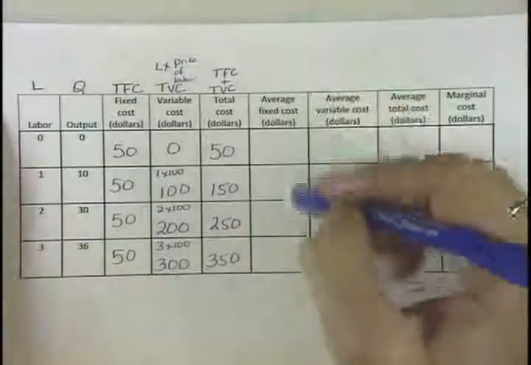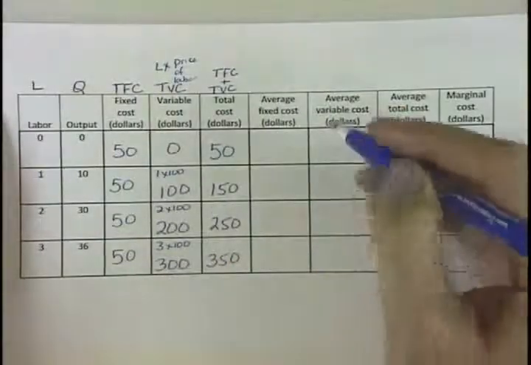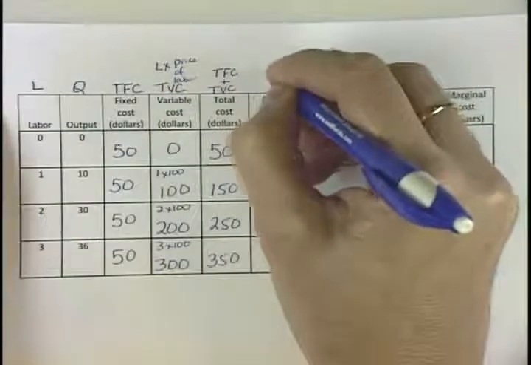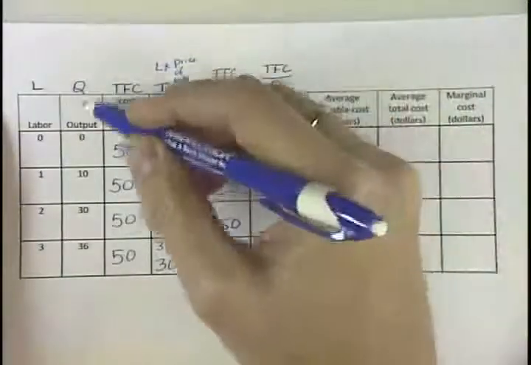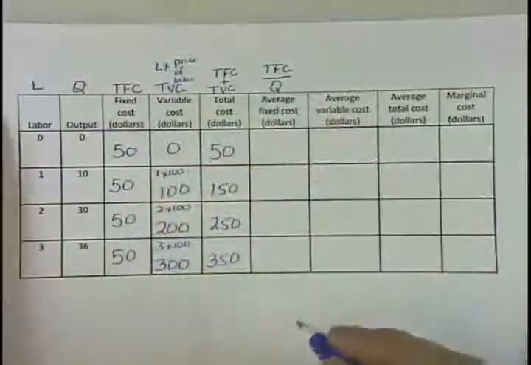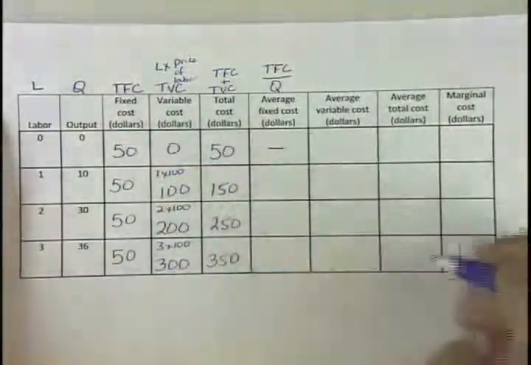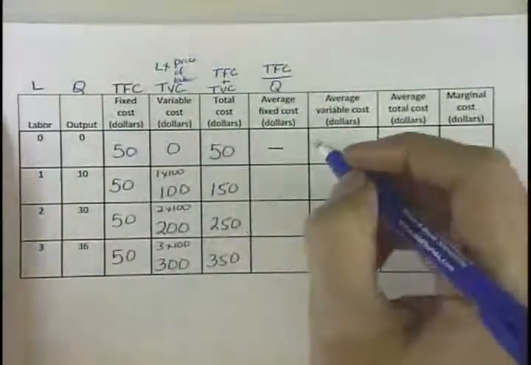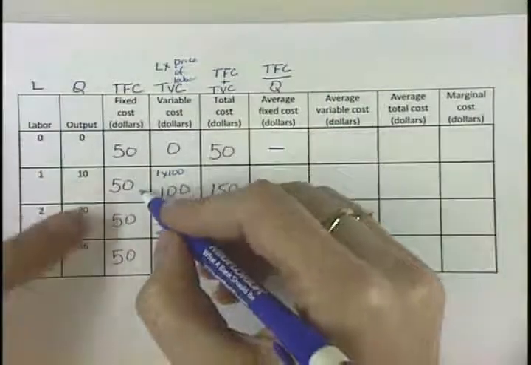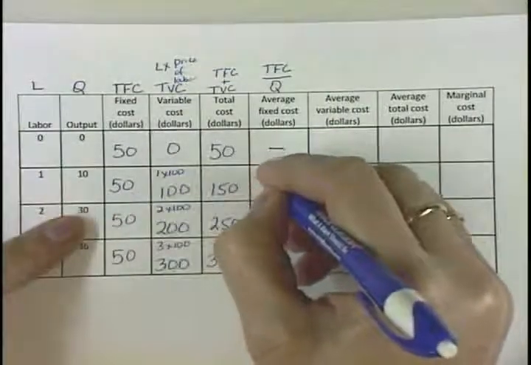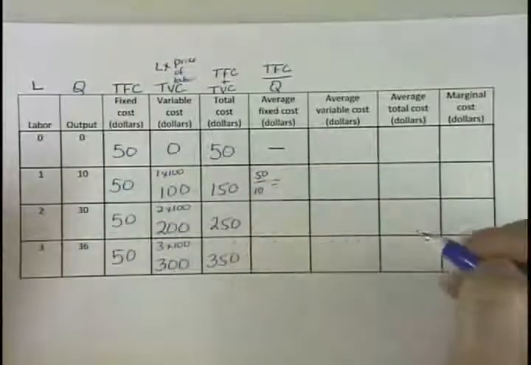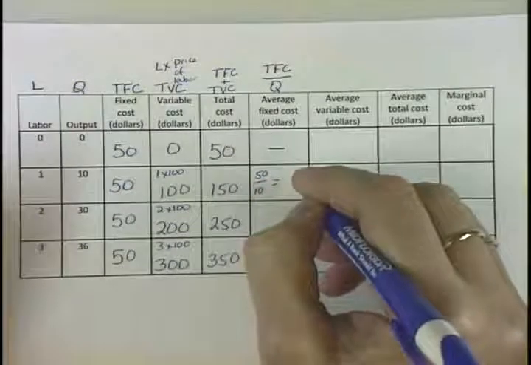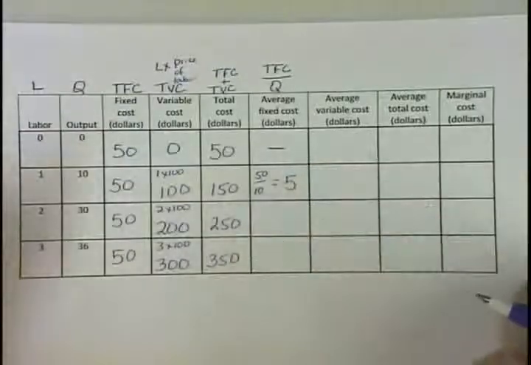For this column, average fixed cost, we're going to take our total fixed cost and divide it by our Q value, this column. We can't do one here because we can't divide by 0. So we take total fixed cost, which is 50. We're producing 10 units, so divide by 10. Our average fixed cost here is going to be 5.